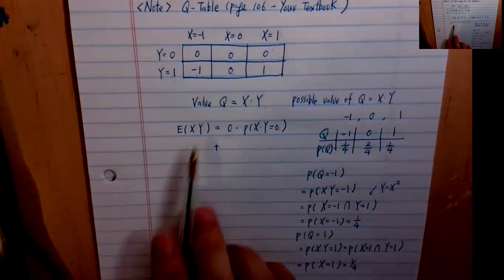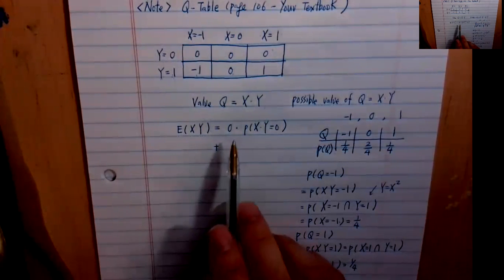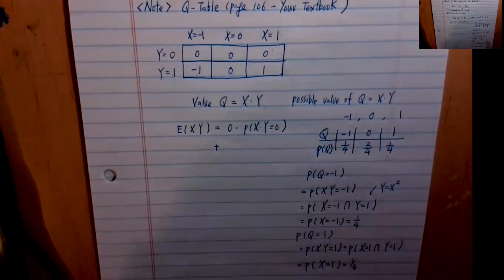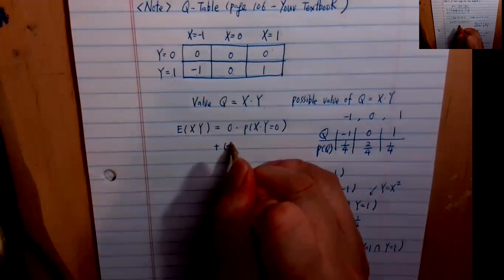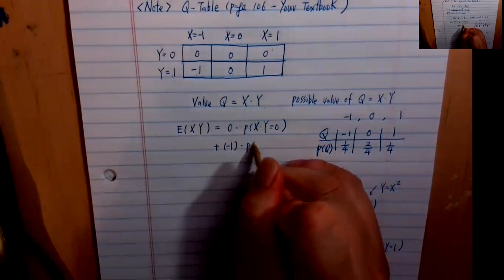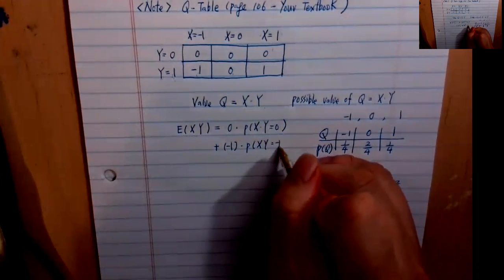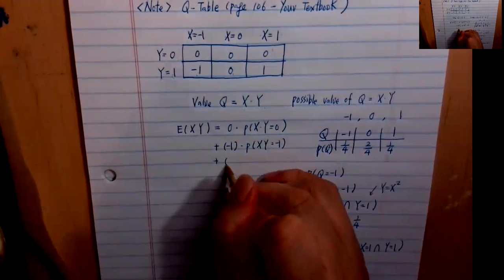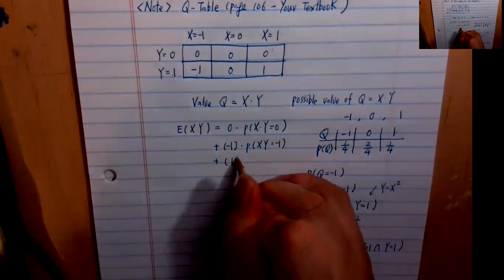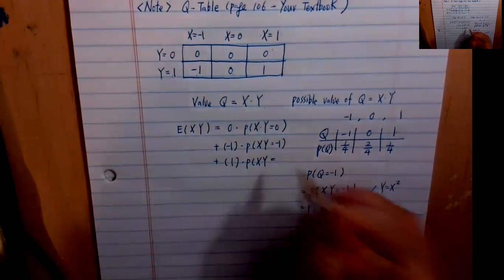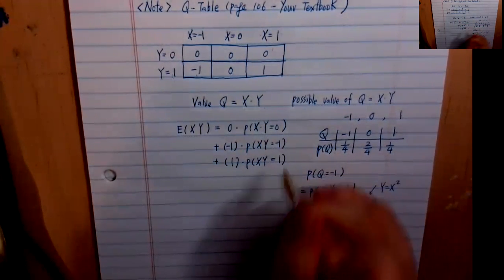It's 0 times P(xy equal to 0), plus minus 1 times probability xy equal to minus 1, plus 1 times probability xy equal to 1.